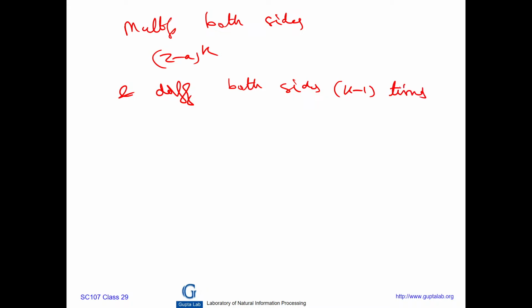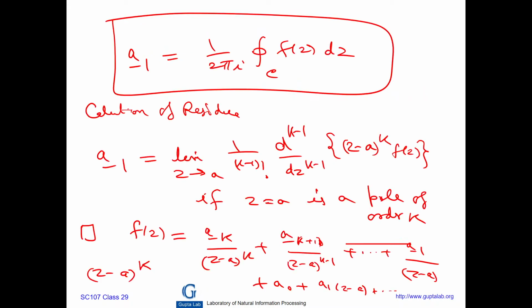Because what will happen, हम बाकी टर्म्स की चिंता नहीं कर रहे हैं. यहाँ पे क्या होगा, जब हम z minus a whole raised to power k से मल्टीप्लाई करेंगे तो यहाँ पे एक टर्म आ जाएगा z minus a whole raised to power k minus 1. अब हमको a minus 1 की वैल्यू चाहिए है, तो इसको k minus 1 को डिफरेंशिएट करना पड़ेगा पहली बात तो, तब तो ये गायब होगा ना, तो खाली कांस्टेंट बचेगा. And then when we take the limit as z tends to a, बाकी सारे जीरो हो जाएंगे, केवल यही बच जाएगा, राइट? Got it? That's something with easy calculation.